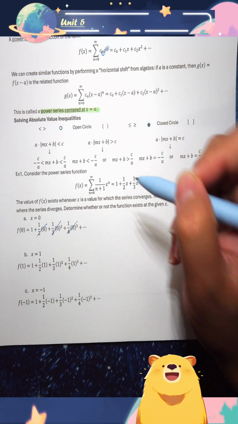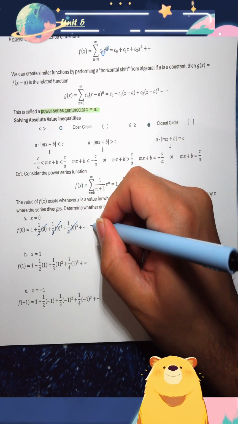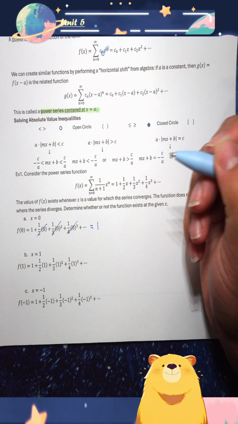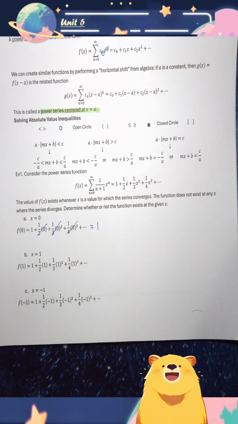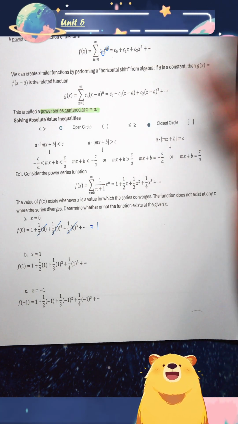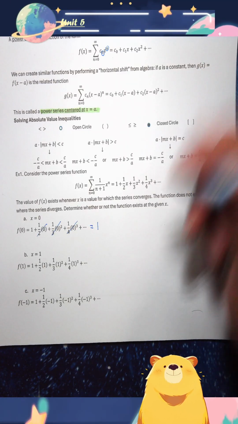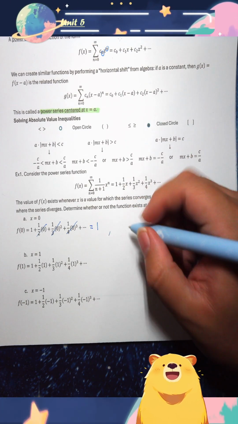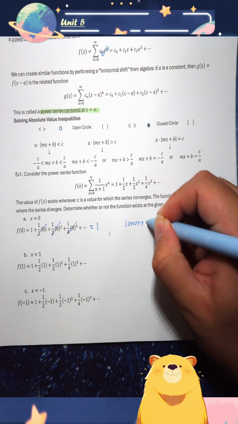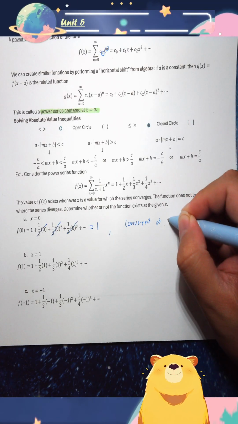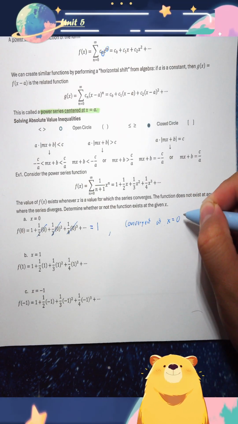So just that one entry. So f of 0 is 1. And it equals something. It's kind of trivial, but it does equal something. So therefore, it is convergent at x is equal to 0.